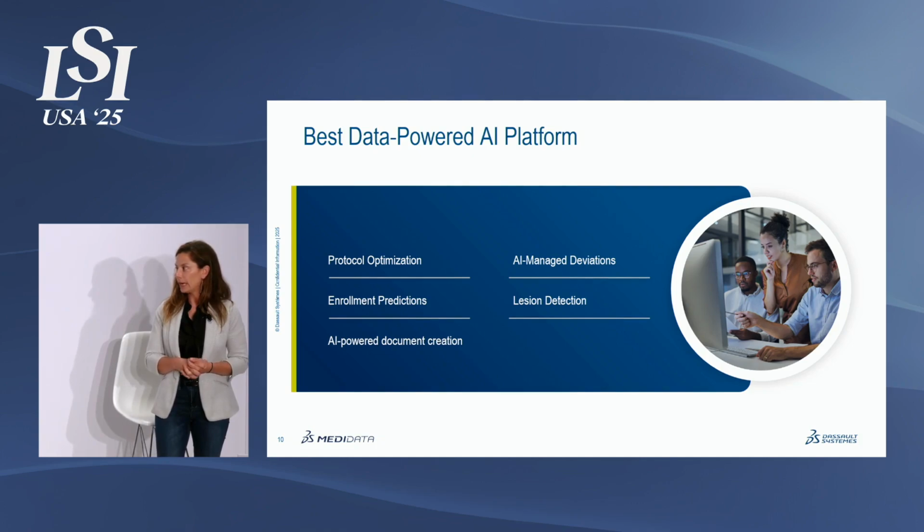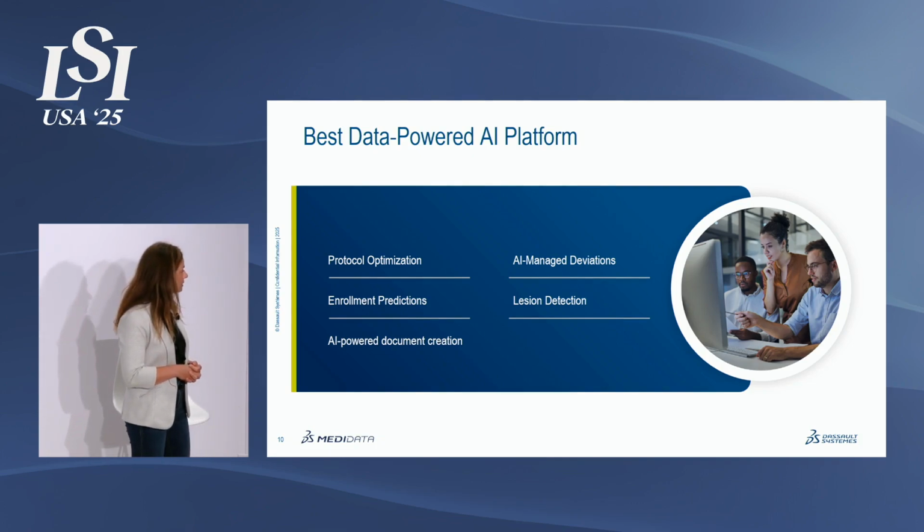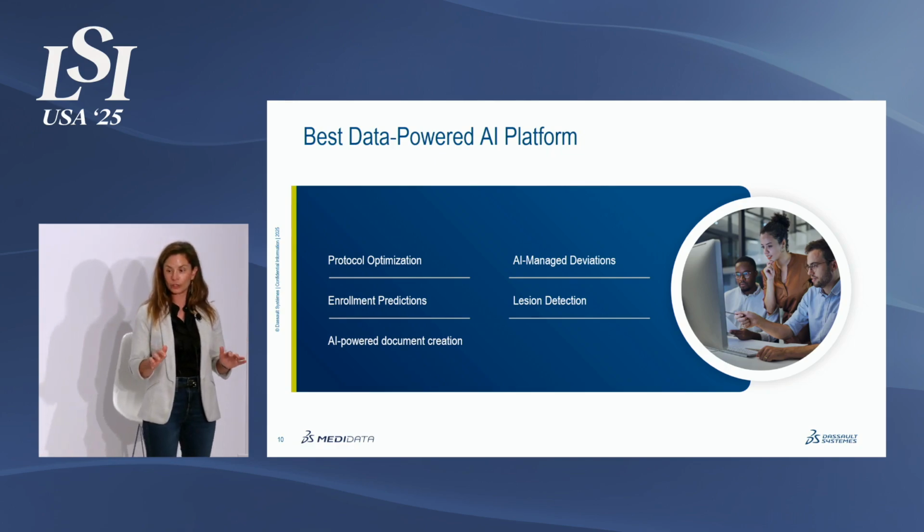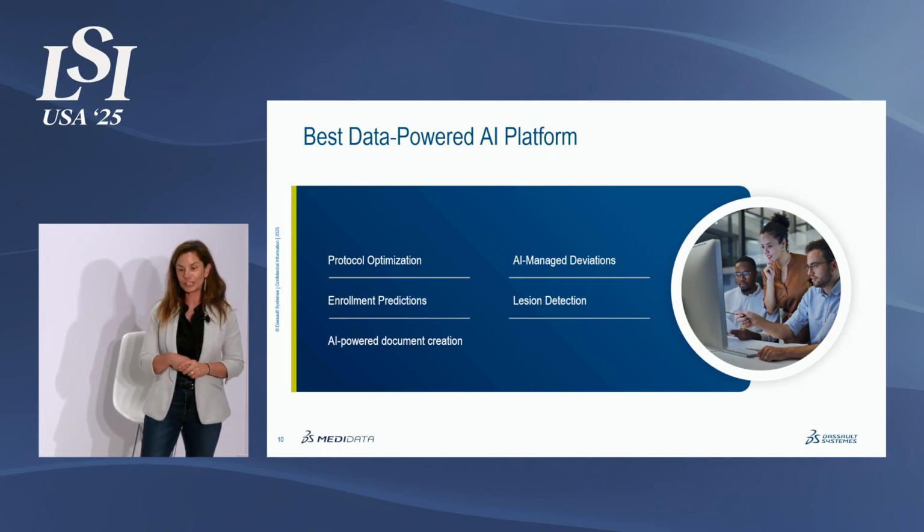And then the other area I like to talk about is imaging. Lesion detection is what we refer to as an AI-driven algorithm that is looking at CT scans. So if you take a step back and you think about, if any of you are familiar with imaging and how much it costs to pay radiologists to read your images, it's not cheap.